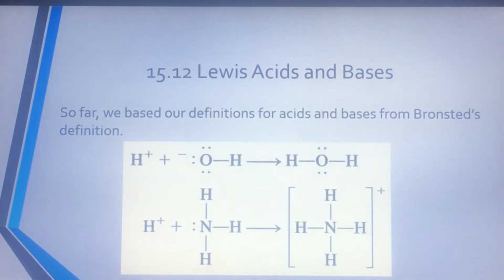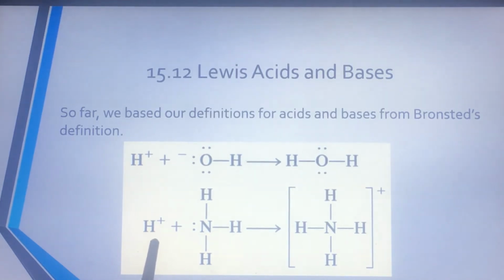Let's go back to the previous slide. In this one, H plus accepts the pair of electrons in the OH minus so that they become bonded. That means H plus is a Lewis acid, and this OH minus gives a pair of electrons to H plus, so it is a Lewis base.